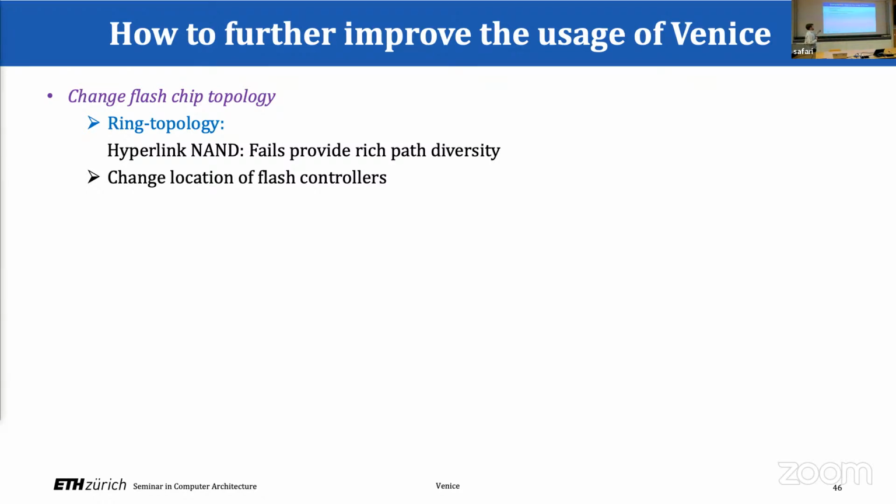There has been some work done on ring topology, called HyperLink NAND, where they are aligned in a ring, but it fails to provide rich path diversity, which is the thing Venice is built on.